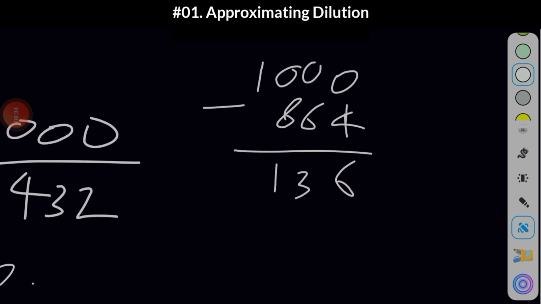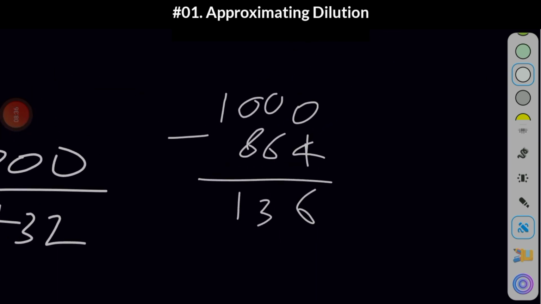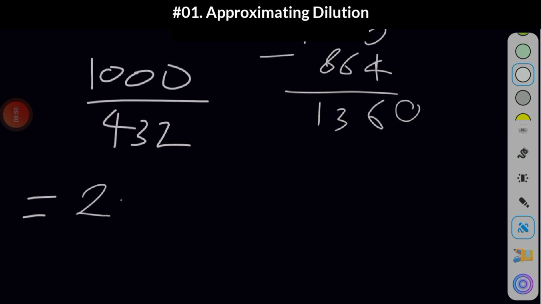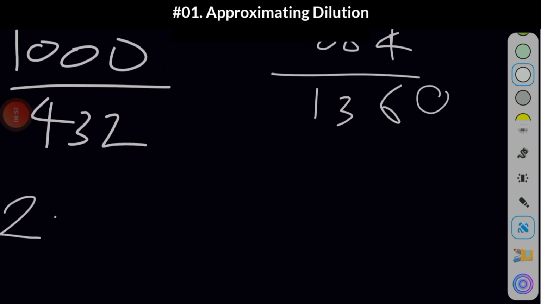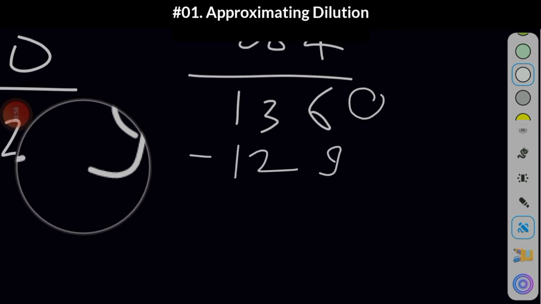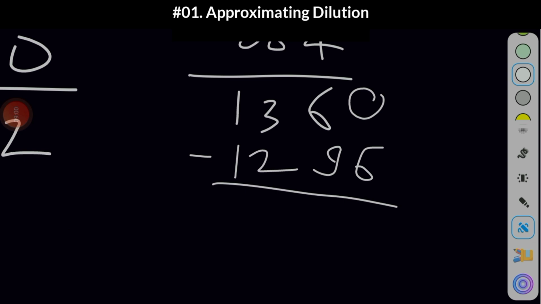Essentially we are doing long division only, but I am just writing it in this format, so it sometimes saves time and makes it feel easy. So I will just add a 0 in here. We have 432, so can we take 3 in here? 32 3s are 96 and 4 3s are 12, so yes, we can take 3 in there.